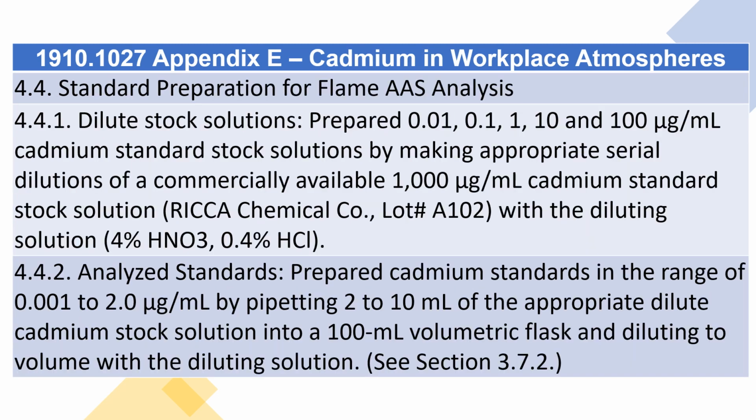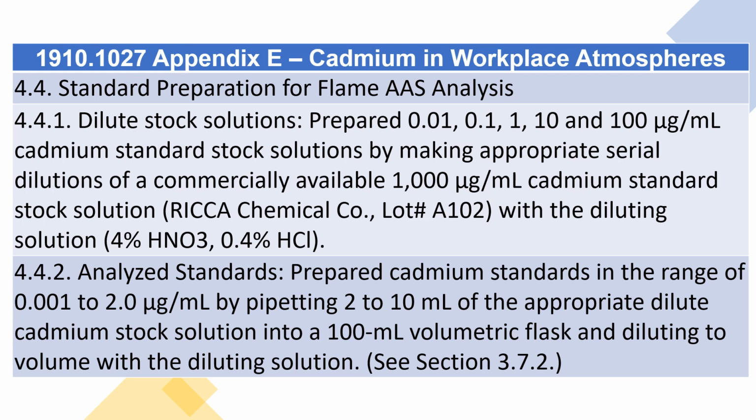4.4. Standard preparation for flame AAS analysis. 4.4.1. Dilute stock solutions. Prepared 0.01, 0.1, 1, 10 and 100 µg/ml cadmium standard stock solutions by making appropriate serial dilutions of a commercially available 1000 µg/ml cadmium standard stock solution, Rika Chemical Company, lot #A102, with the diluting solution, 4% HNO3, 0.4% HCl. 4.4.2.